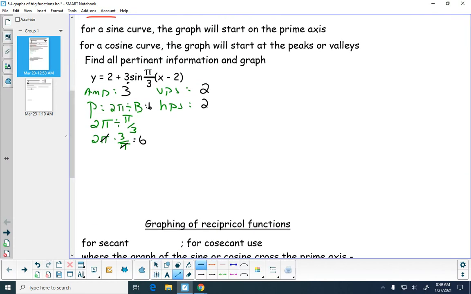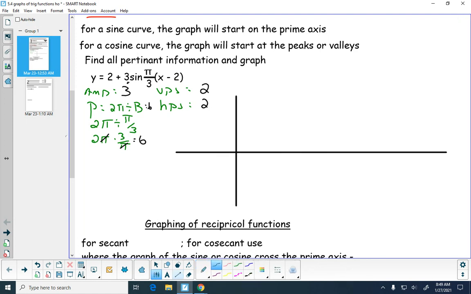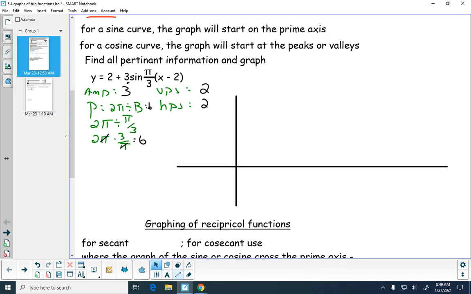So let's take a look at a graph. I'm going to make this a little top heavy here. Okay, if you remember, our vertical phase shift sort of helps tell us what our graph is going to be.